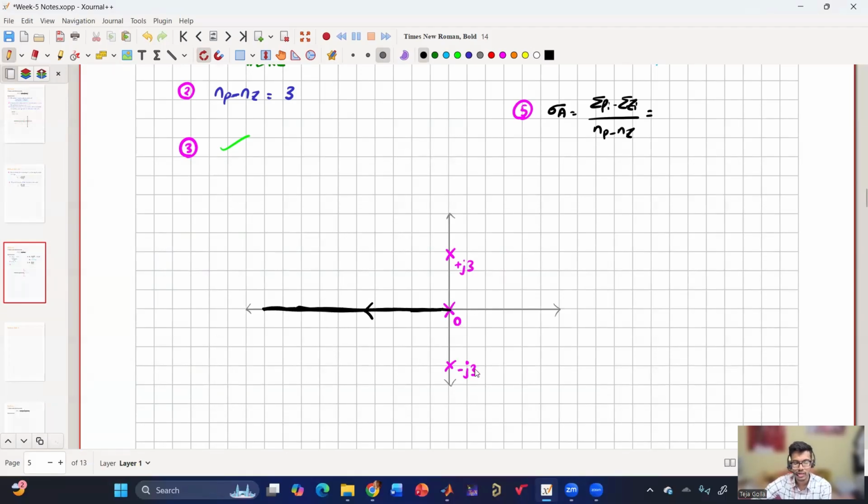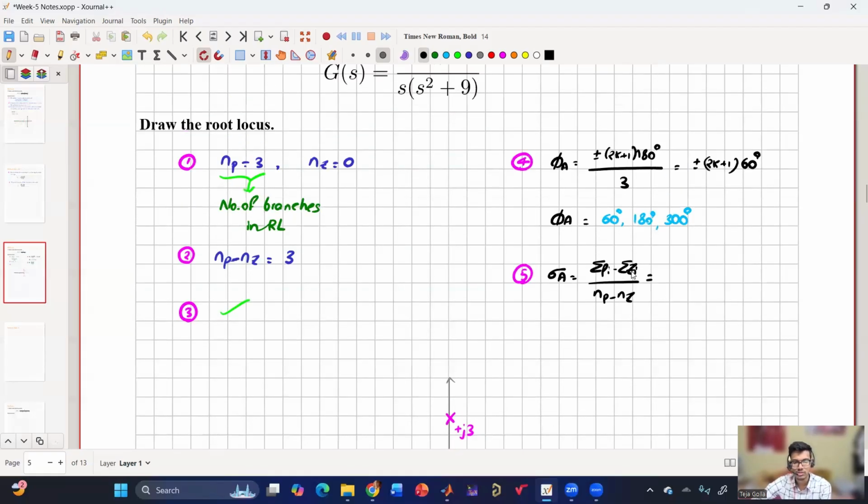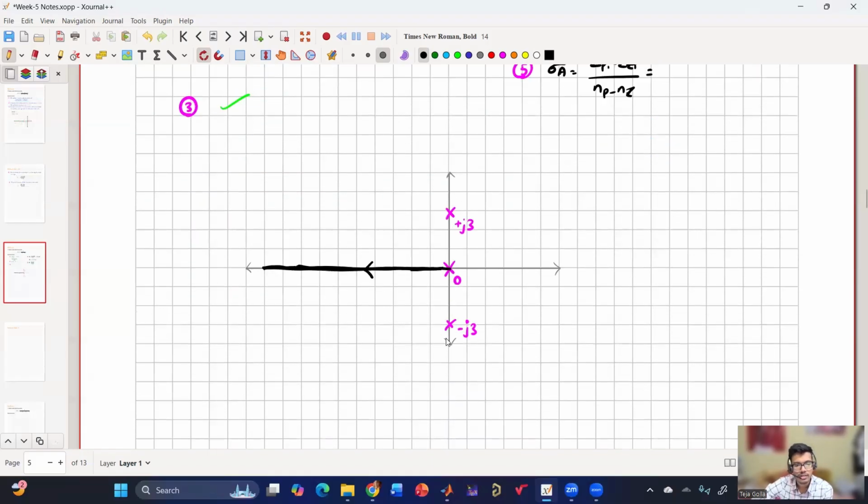So the summation is 0, right? Yes, sir. And the summation of zeros? How is the summation of poles 1? It is 0, right? 0 plus j3 minus j3.